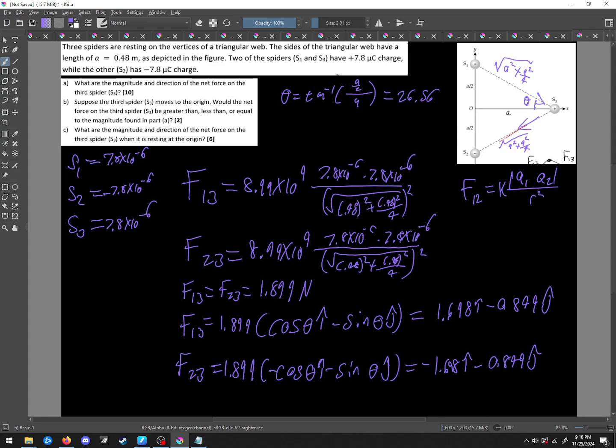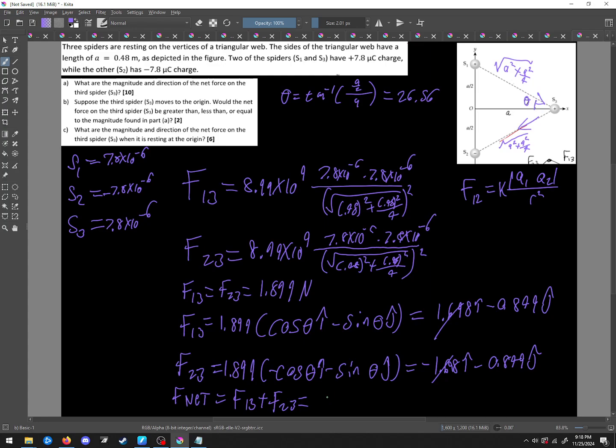The net force, actually, hold on, not quite. The net force, F net equals F13 plus F23, which equals, well, let's see, those cancel out, and these would become 0.849 times 2, which is 1.698 j hat.